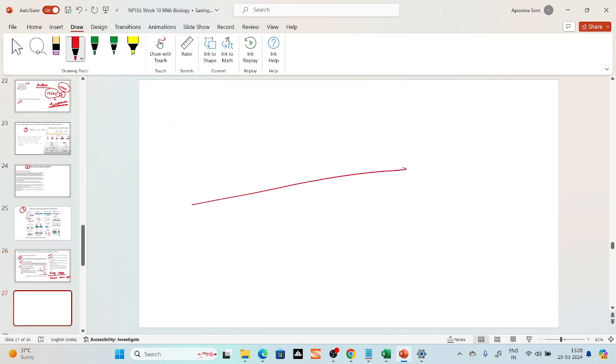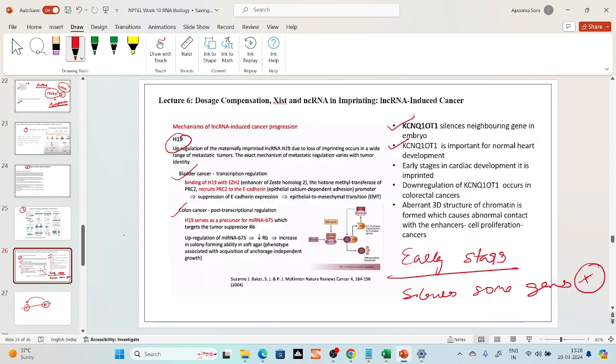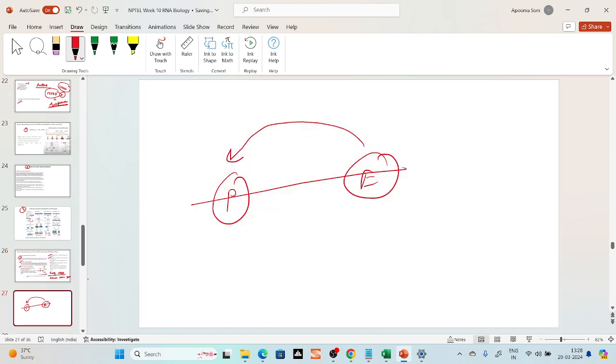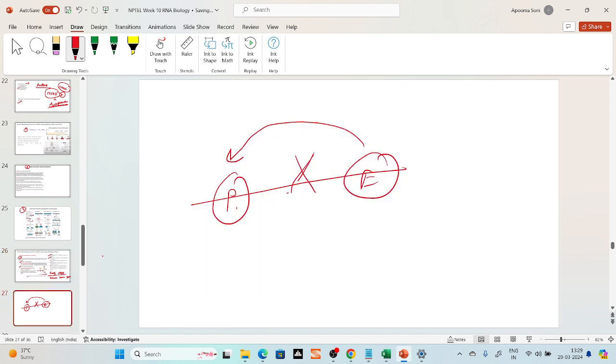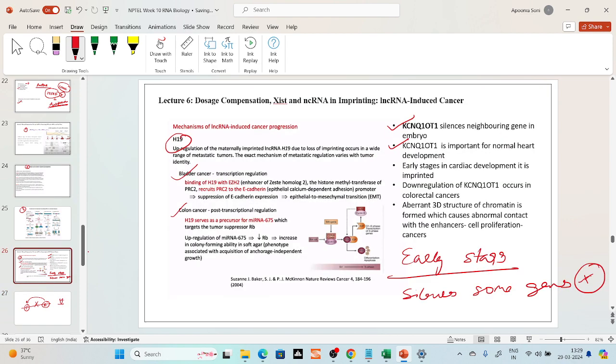Okay, so one important point that I can explain to you: if this is a gene, there are certain promoters and there are certain enhancers. Enhancers enhance the expression of promoters. So if there is no genomic imprinting, what happens? This promoter and this enhancer, earlier they were not in contact with each other. But now, because of this loss of genomic imprinting, because this KCNQ1OT1 is not present, this enhancer and promoter are now in close proximity because there is aberrant 3D structure formation.